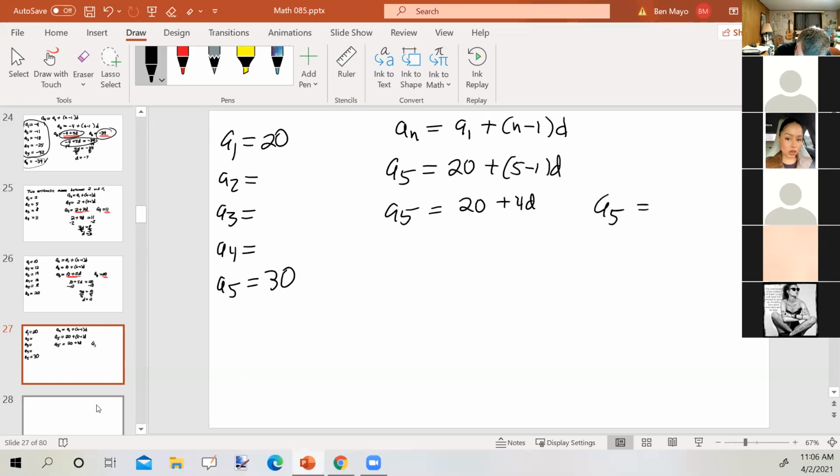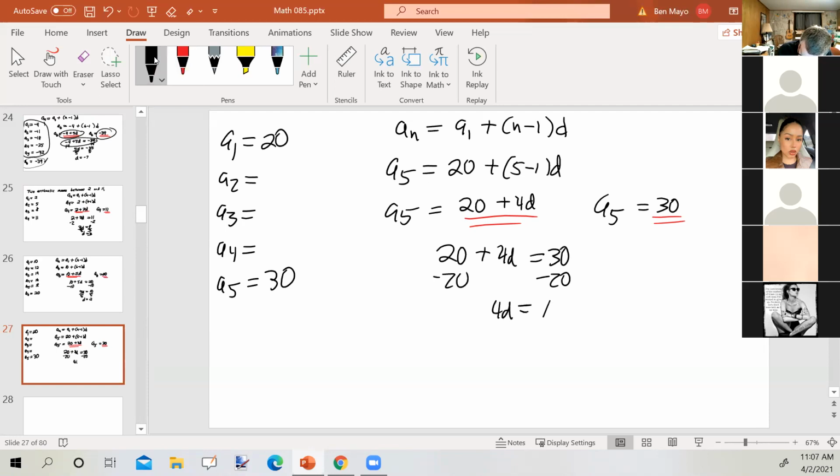But a sub 5 is also 30. Therefore, 20 plus 4d equals 30. Subtract 20 from both sides. 4d equals 10. Divide by 4: d equals 10 over 4, or 5 over 2.